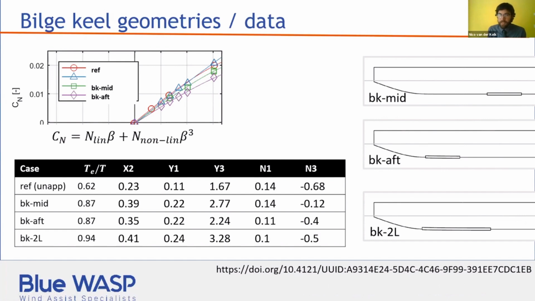And it's quite clear to see that this moment is reducing as the bilge keel moves aft. The 2L case is not shown in the figure, but if you check these hydro coefficients, you can observe that this trend continues. By the way, for the sake of the study, I did not attempt to scale these results. I used them simply as they came out of the experiment. And also, I should say that this data is available online for those who are interested to continue working with it.